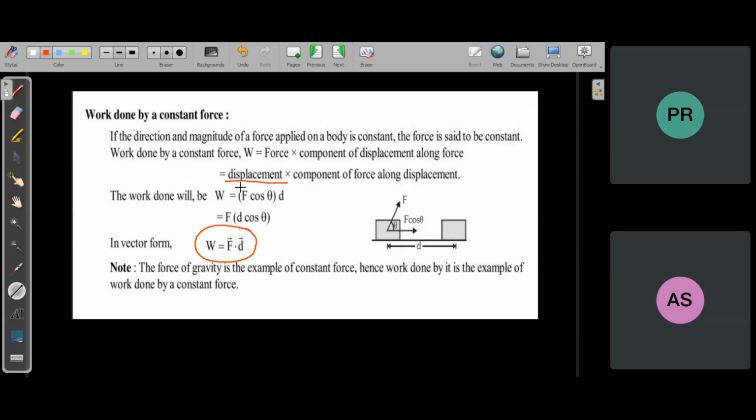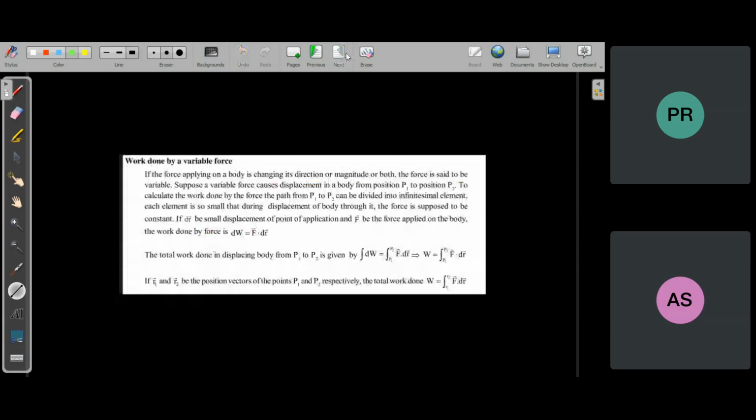But it can also be expressed as F into d cos theta. So you can also say that the work is force multiplied with the component of displacement along the force. So simply it is the dot product of the two vectors.